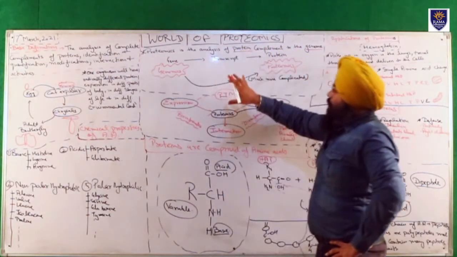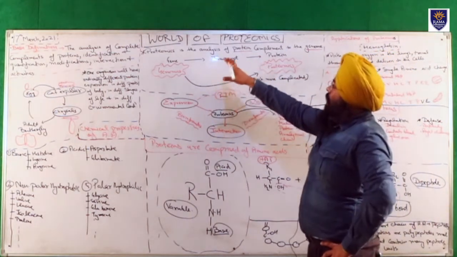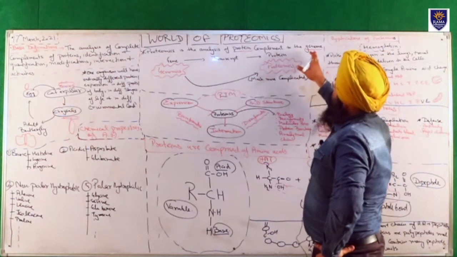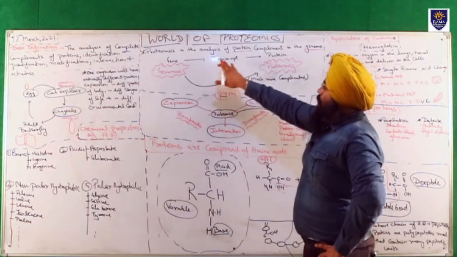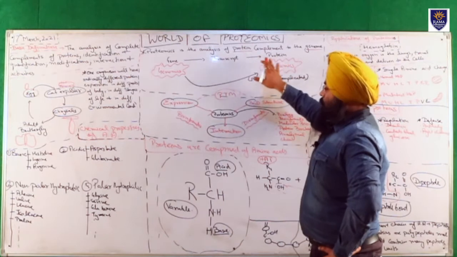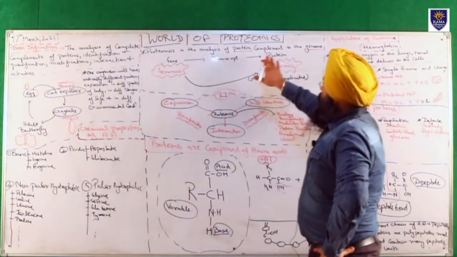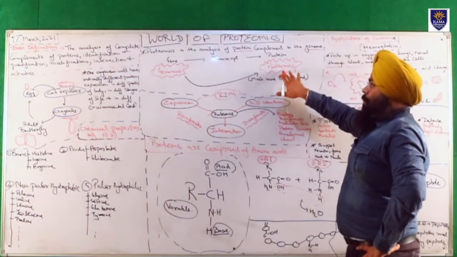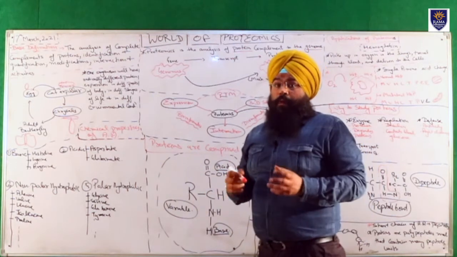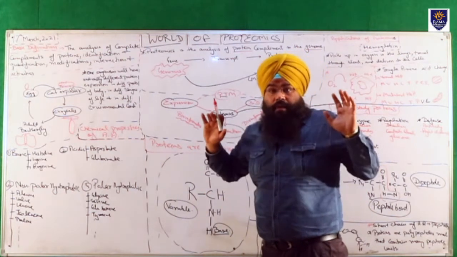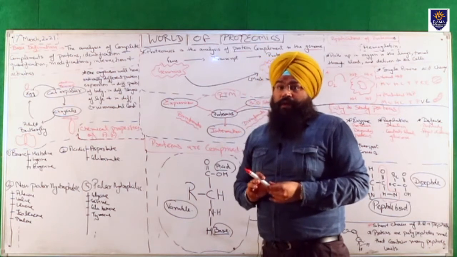Beyond that, another definition is that it's the analysis of the protein complement to the genome. As we discussed, from the gene, after transcription, your protein is produced. The study of genes is known as genomics, whereas the study of proteins is known as proteomics. In our body we have lots of proteins, more than we can even think of.